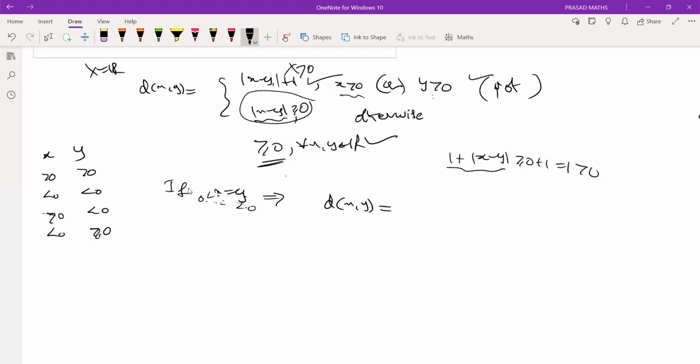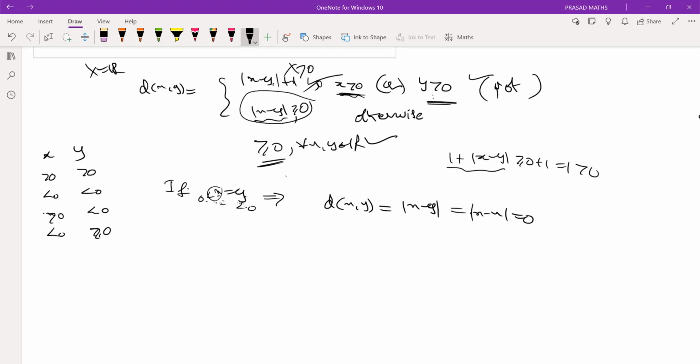If x is negative, y is also negative, so don't take this condition either. So you are not taking the first condition. You need to take the second option, mod of x minus y, because the first option is applicable whenever x is positive or y is positive. Therefore, this is mod of x minus y, but x equals y, so x minus x is 0. Is it clear, the step?